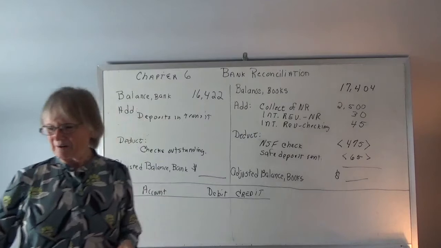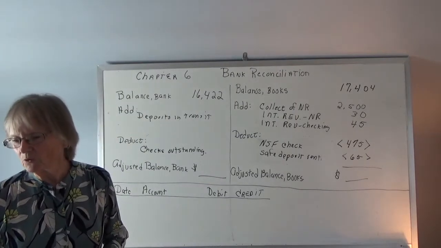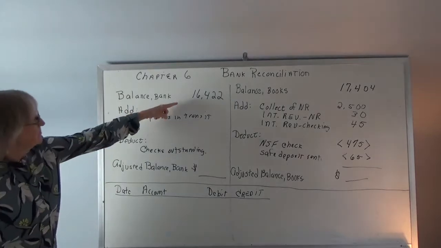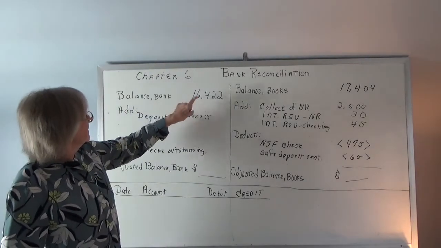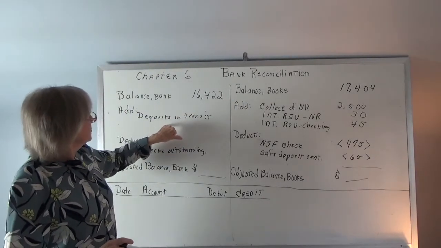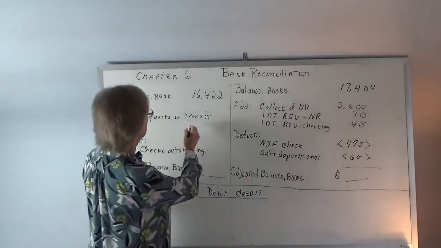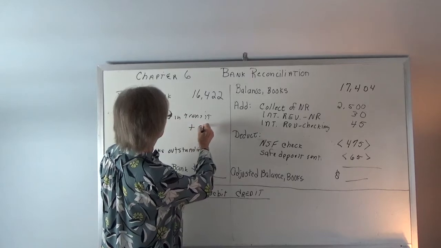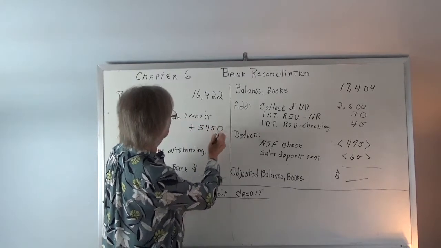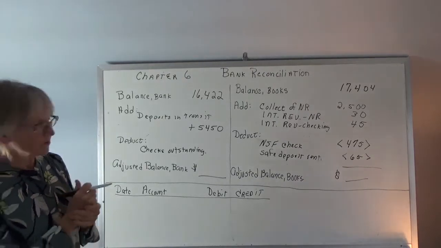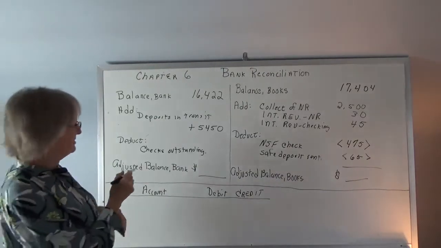So that really gives us, and let's see, we're missing something over here. We've only got the beginning balance per bank. Deposits in transit we have to add. Well, they give us that, $54.50. So we're going to add the $54.50. They also give us the amount of the checks outstanding of $23.83.